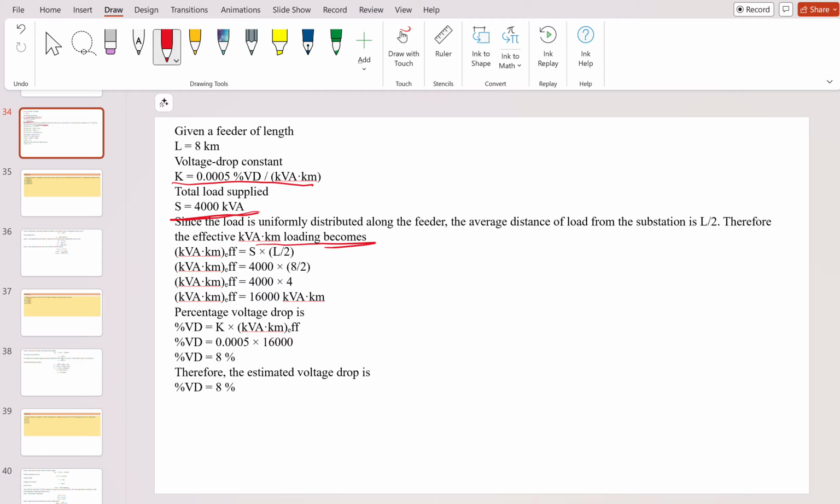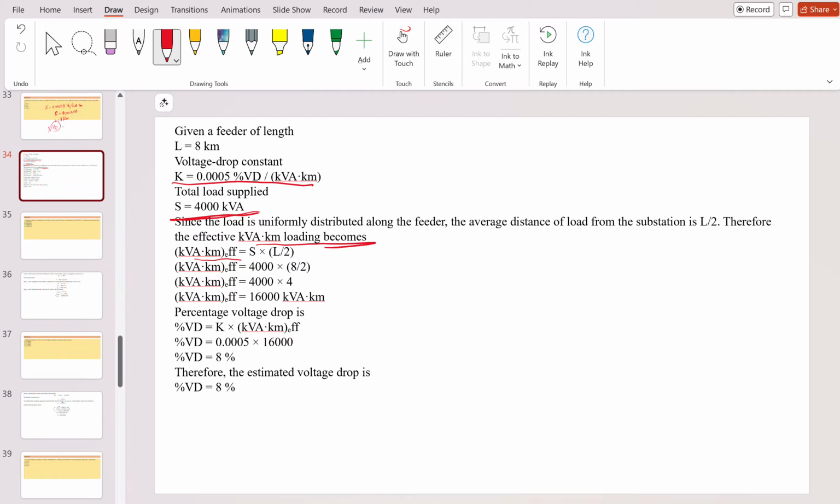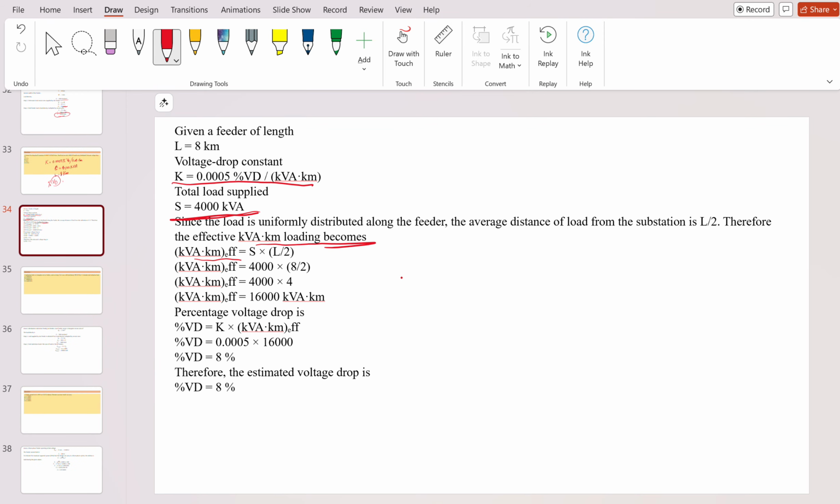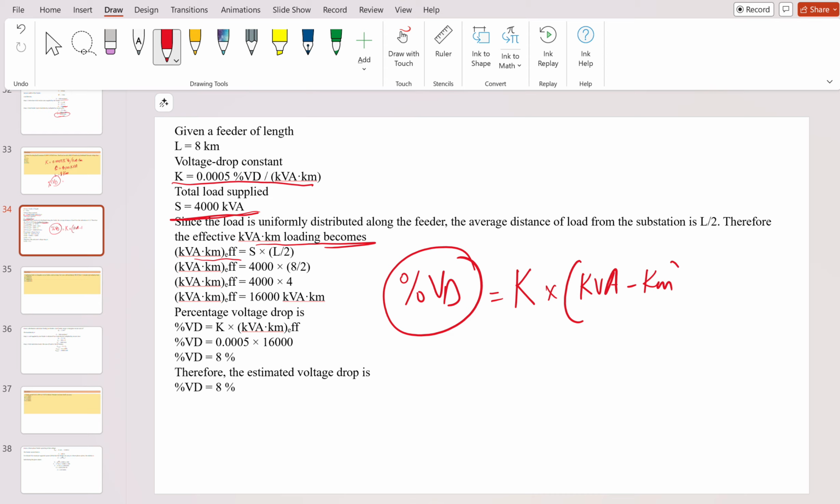In the question itself, what is being asked is the percentage voltage drop. Percentage VD is simply equal to K multiplied by kVA kilometer effective.